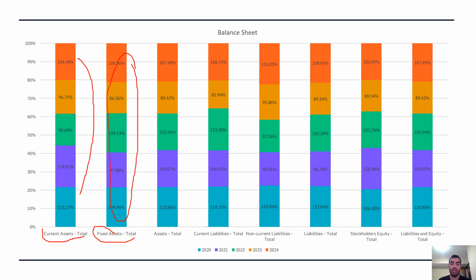Another composition of the balance sheet is the current liabilities. The current liabilities are kind of stable, 15 up to 20%, indicating consistent short-term obligations.